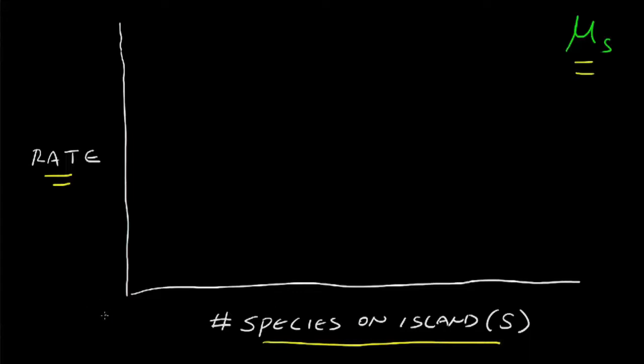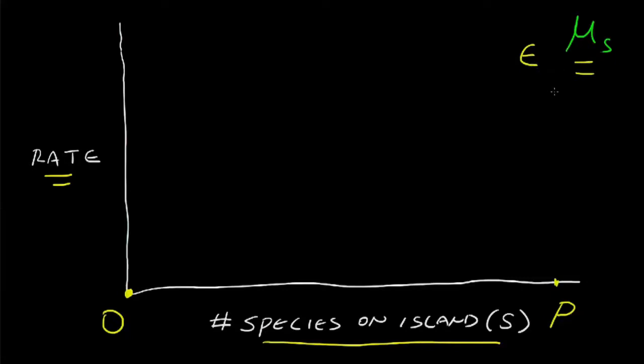So for an island that has no species, what would we expect our extinction rate to be? Our extinction rate here would be 0, right? I mean, if there are no species on an island, no species can go extinct.